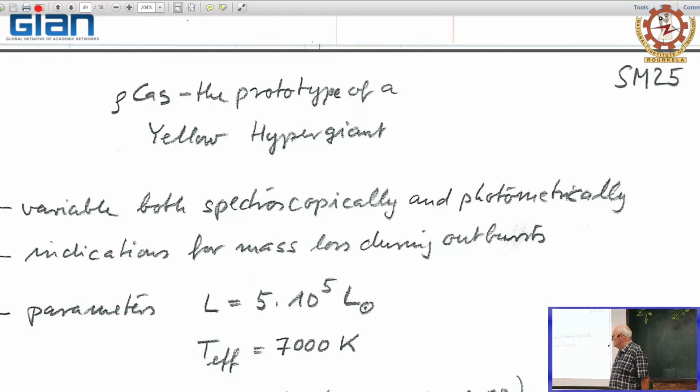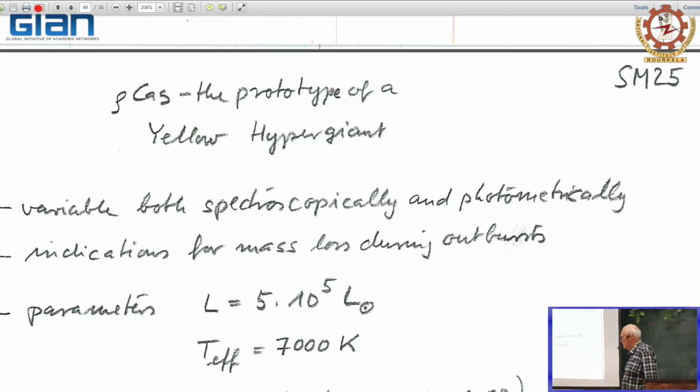So they show indications for mass loss during some outbursts. For Rho Cas, several outbursts have been reported in the last century, in the 20th century. And currently, they are at least moderately spectroscopically and photometrically variable.